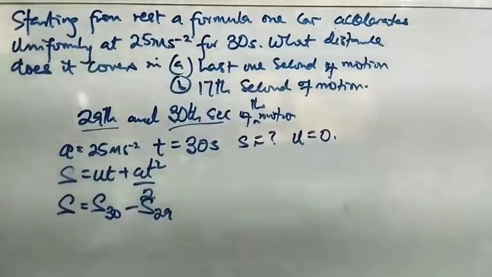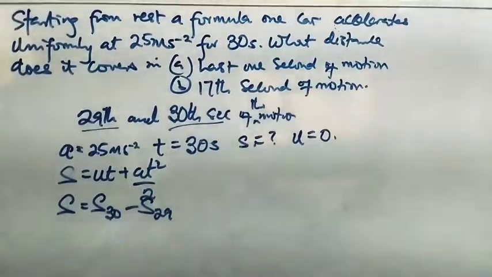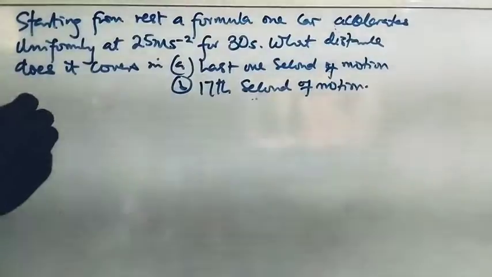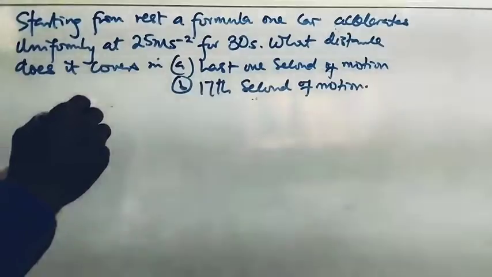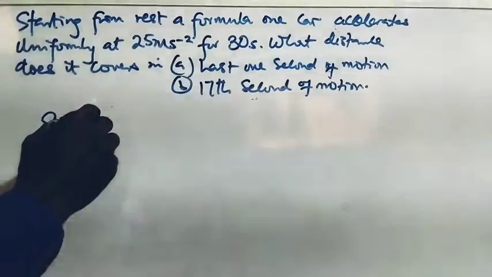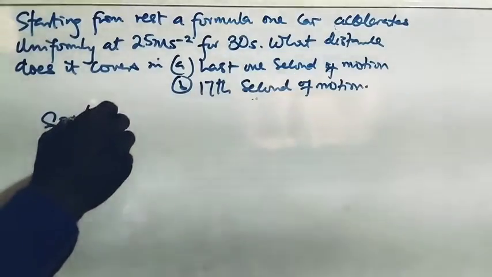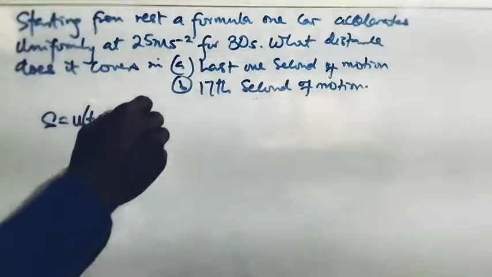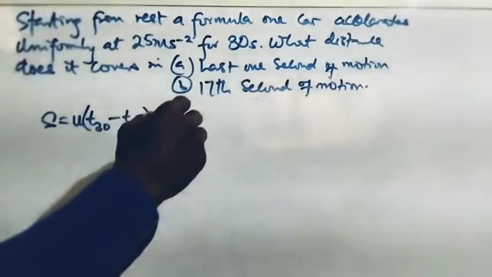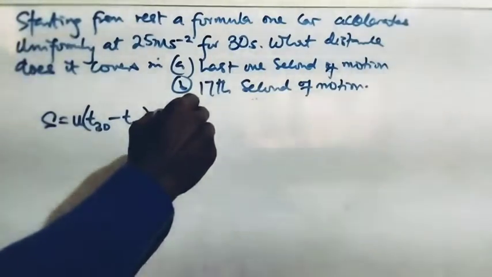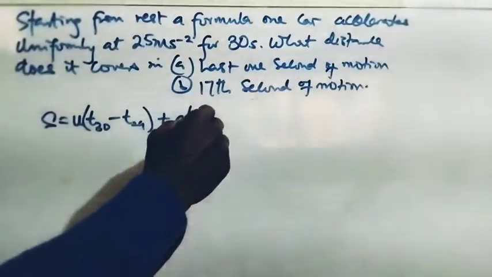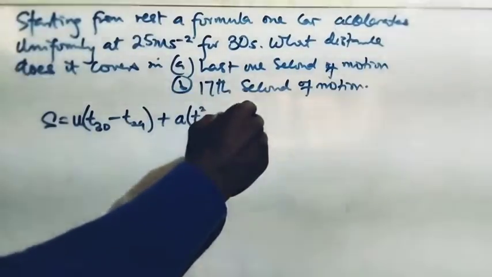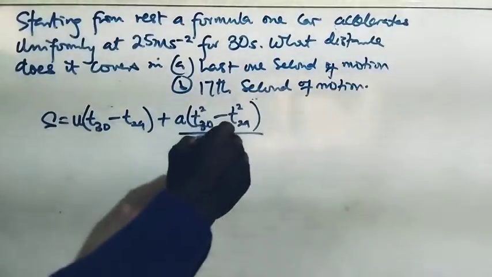So s equals u times (t30 minus t29) plus a times (t30 squared minus t29 squared) all over 2.